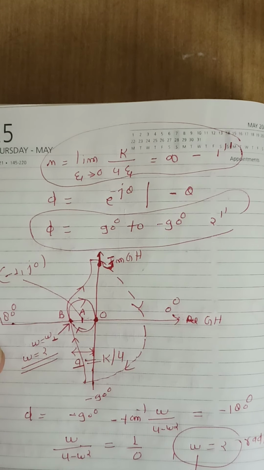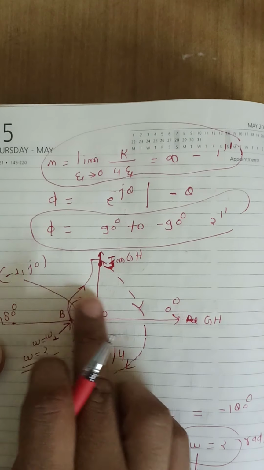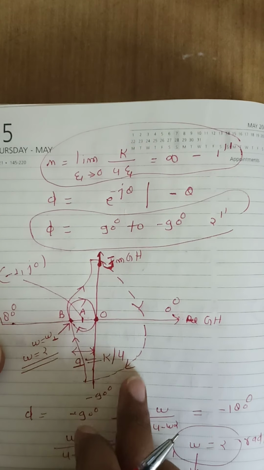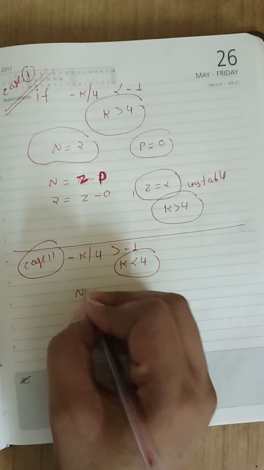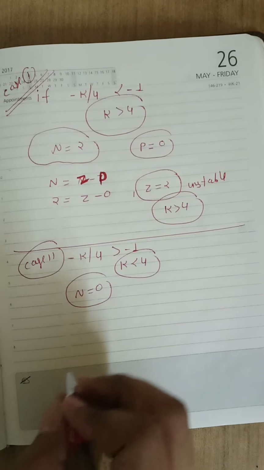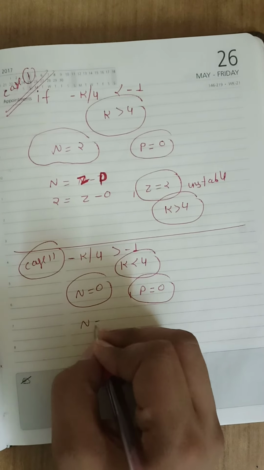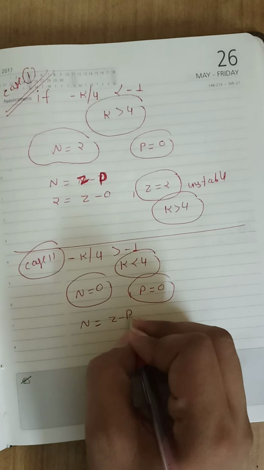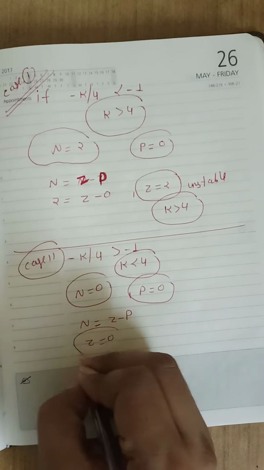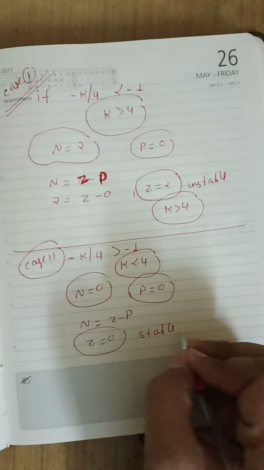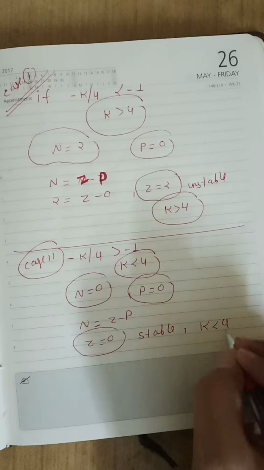Means in this condition we have N equal to 0, because minus 1 comma j0 is not encircled by the first path as well as the second path. So in the second case we have N equal to 0. So according to the Nyquist stability criteria N equal to Z minus P, we have Z equal to 0, so the system becomes stable under the condition K less than 4.